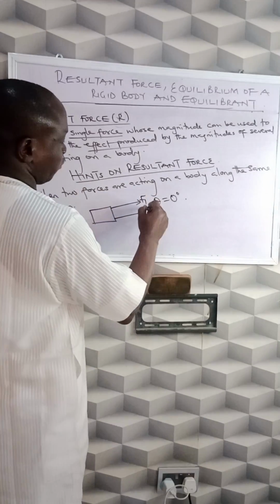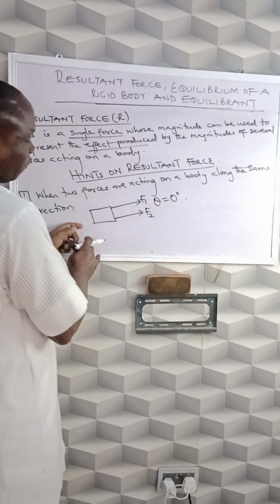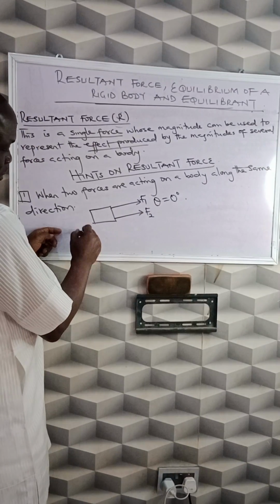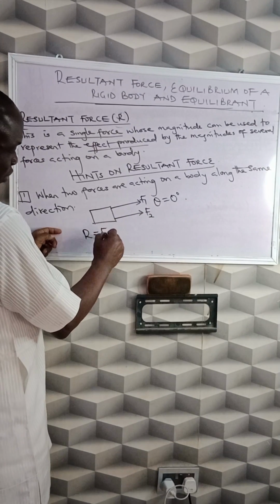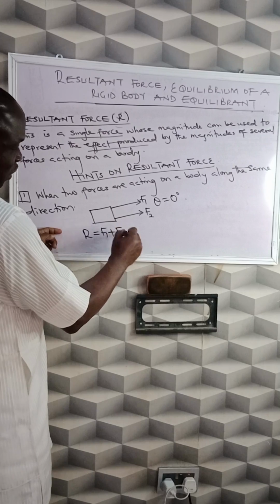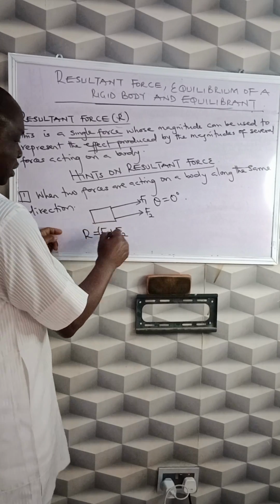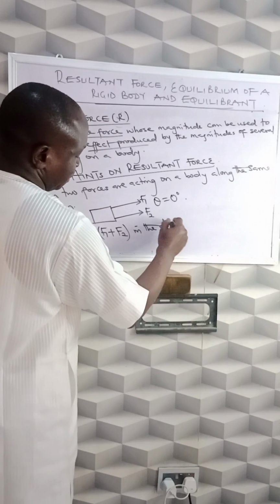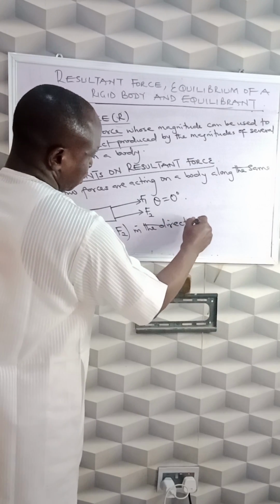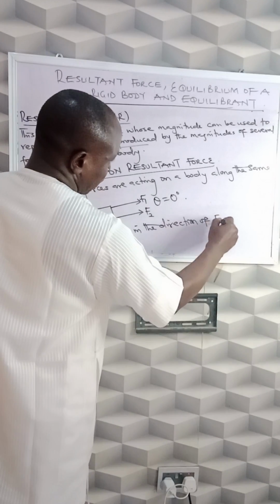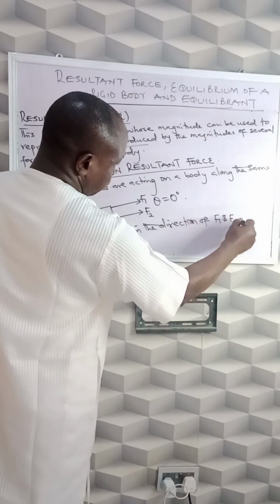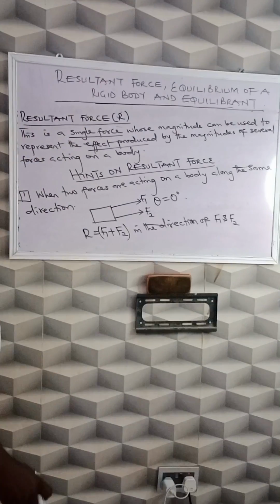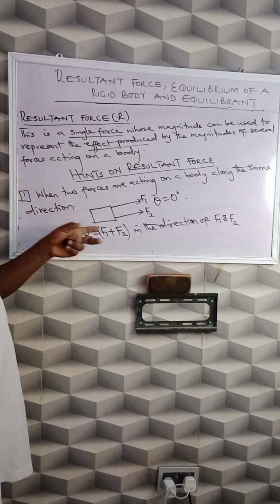To find the resultant force will be F1 plus F2 in the direction of F1 and F2, meaning the body moves towards this direction. So anytime two forces are acting on a body along the same direction, meaning the two forces are parallel, that is, the angle between the two forces is 0 degrees.